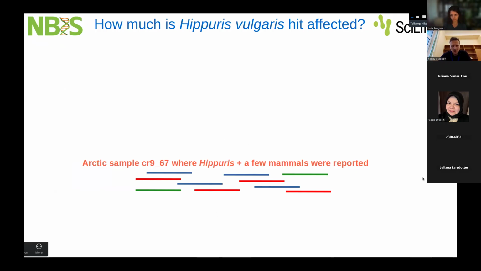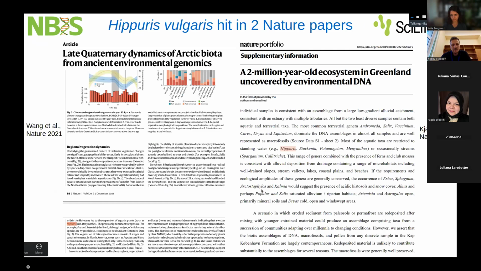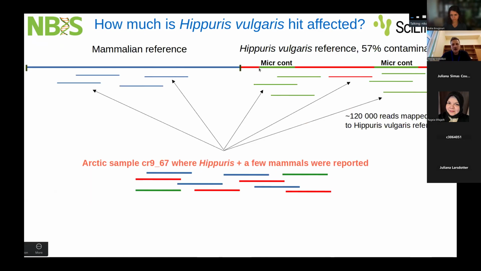We took the reads that were publicly available and aligned them against the Hippuris vulgaris reference from the PhyloNorway dataset plus a few mammalian references. It doesn't matter which mammalian reference. We simply wanted this mammalian reference to attract mammalian reads.